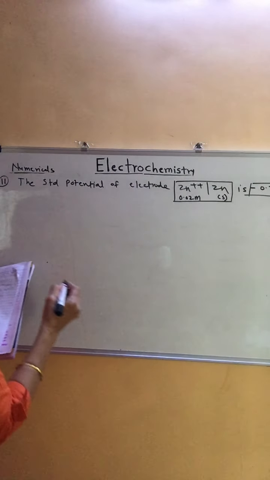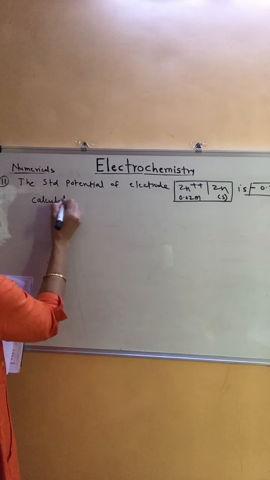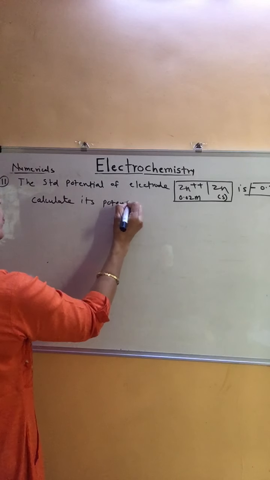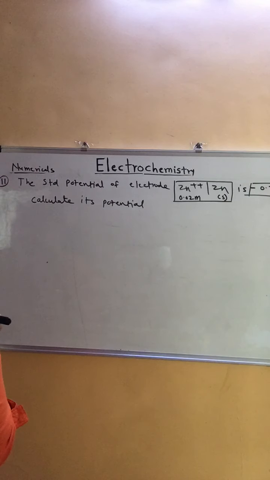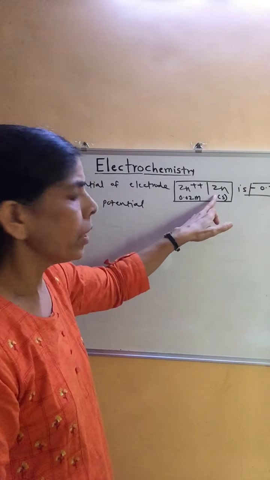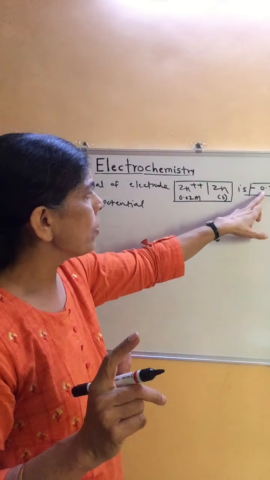Calculate its potential. See the terms carefully. The standard potential of the electrode, that is E naught, for this particular half cell Zn2+ | Zn, only one electrode is there, is minus 0.76.